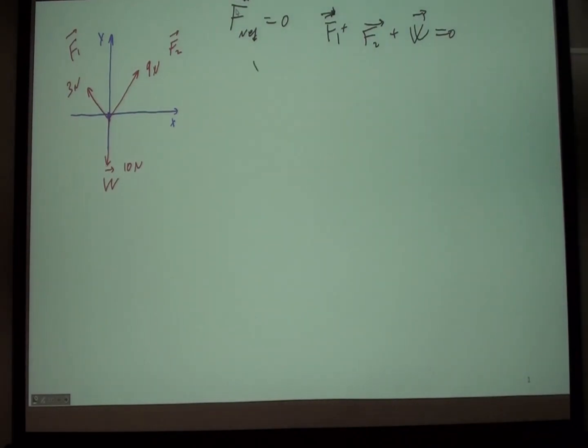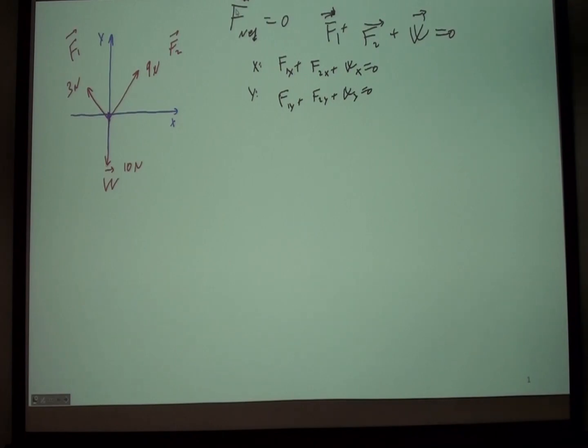It means the sum of all components on each axis must be equal to 0. F1x plus F2x plus Wx is equal to 0. F1y plus F2y plus Wy is equal to 0.